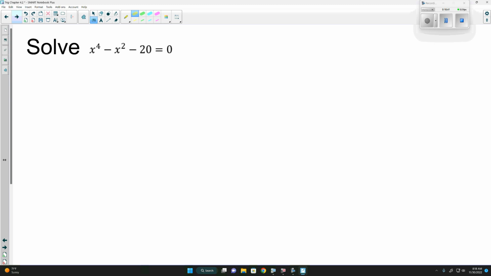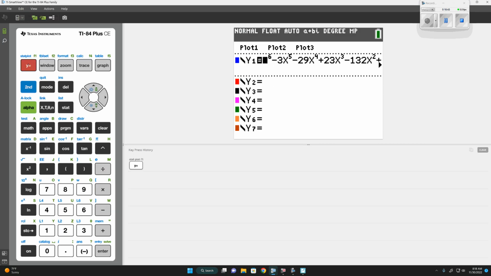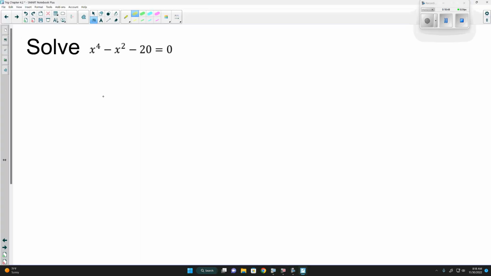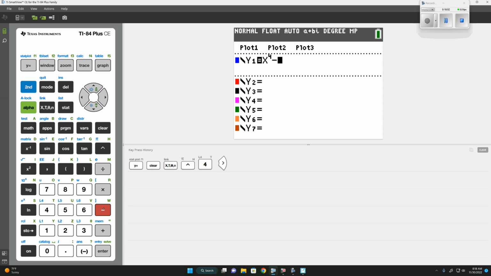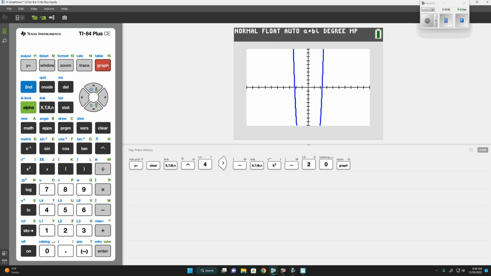So for this here, we could go in here, x to the 4th minus x squared minus 20. Because if this crosses the graph 4 times, those 4 would be the solutions. Now here, we can see it crosses twice, yes? So we do have 2 real solutions. Most likely we'll have 2 imaginary solutions.